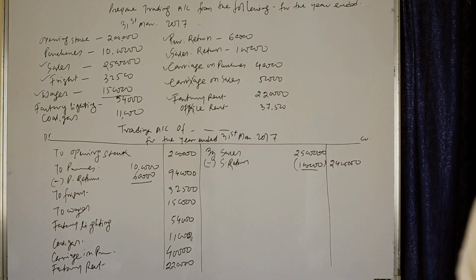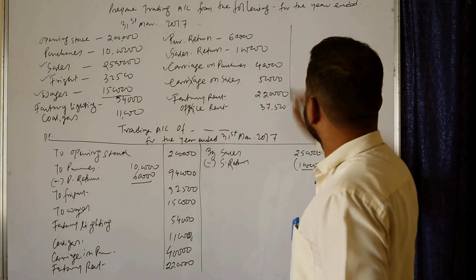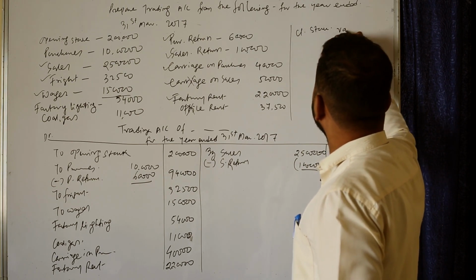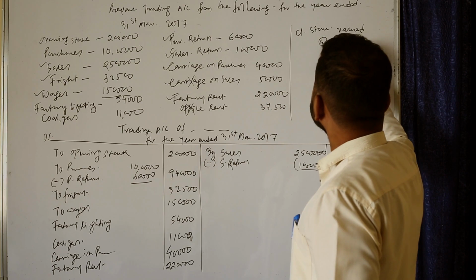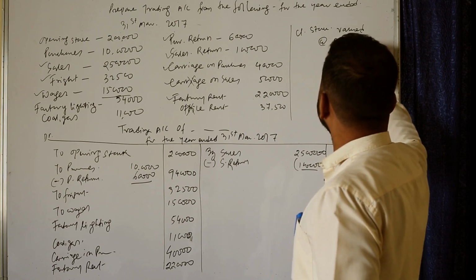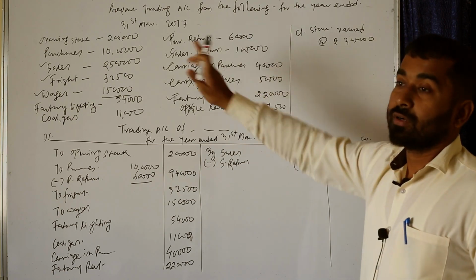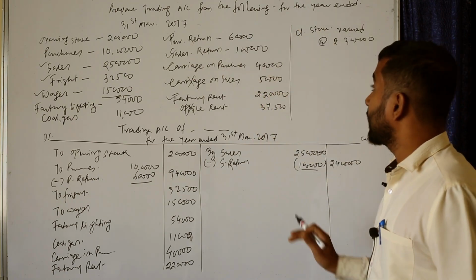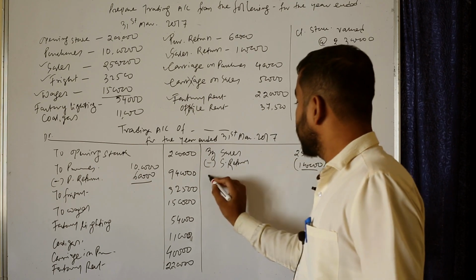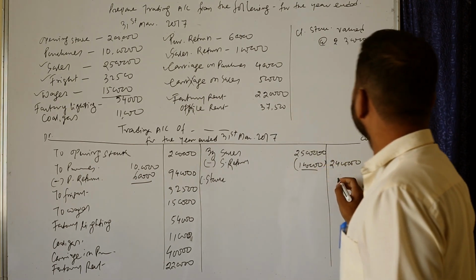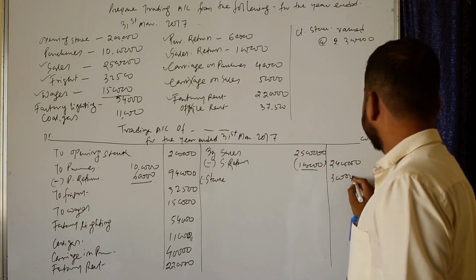Let me check whether the book has given the closing stock or not. Yes, closing stock valued at 3 lakh rupees. So here one item was not there, that is closing stock valued at rupees 3 lakh. Most of the time the closing stock will not be given in the trial balance, it will be given below the trial balance.